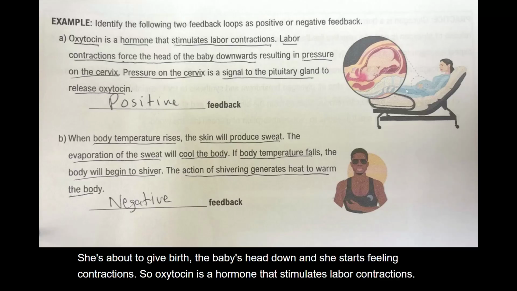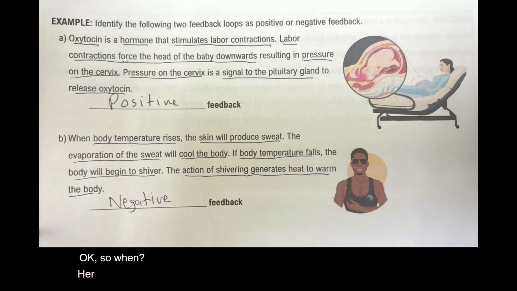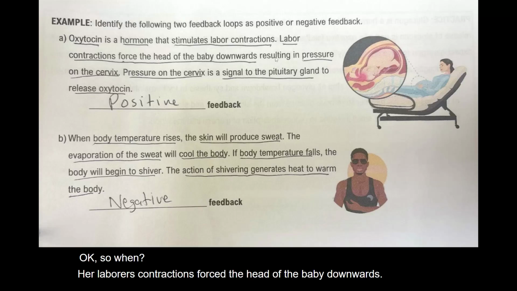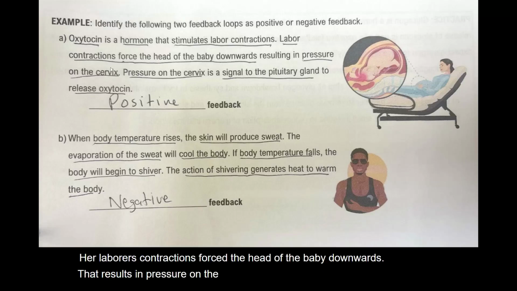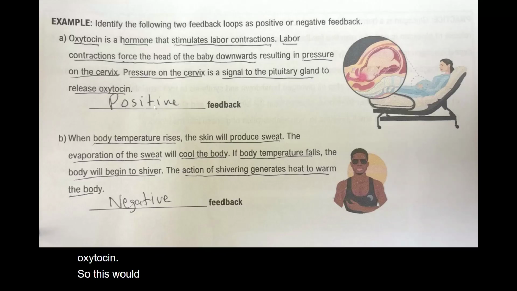Okay, so when her labor contractions force the head of the baby downwards, that results in pressure on the cervix. Pressure on the cervix is a signal to the pituitary gland in your brain to release oxytocin. So this would be positive feedback.